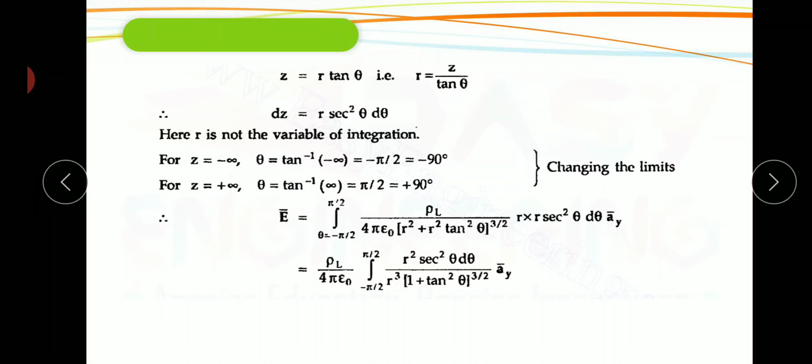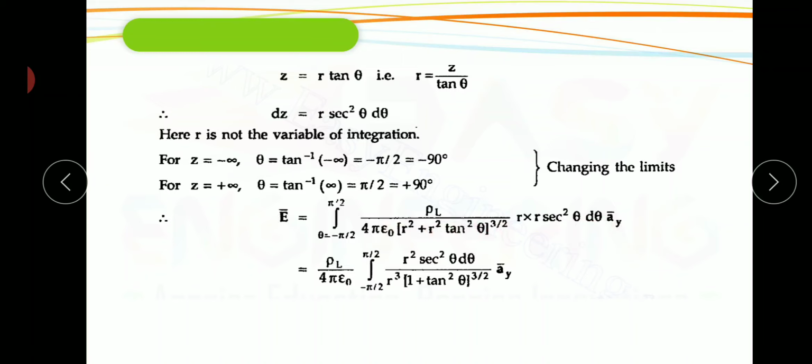Here the integration variable is theta, so all the remaining terms are constant, that is rho L and 4 pi epsilon naught are constant. Now simply write them in front of the integration, that is rho L by 4 pi epsilon naught, in the numerator r into r square secant square theta d theta.